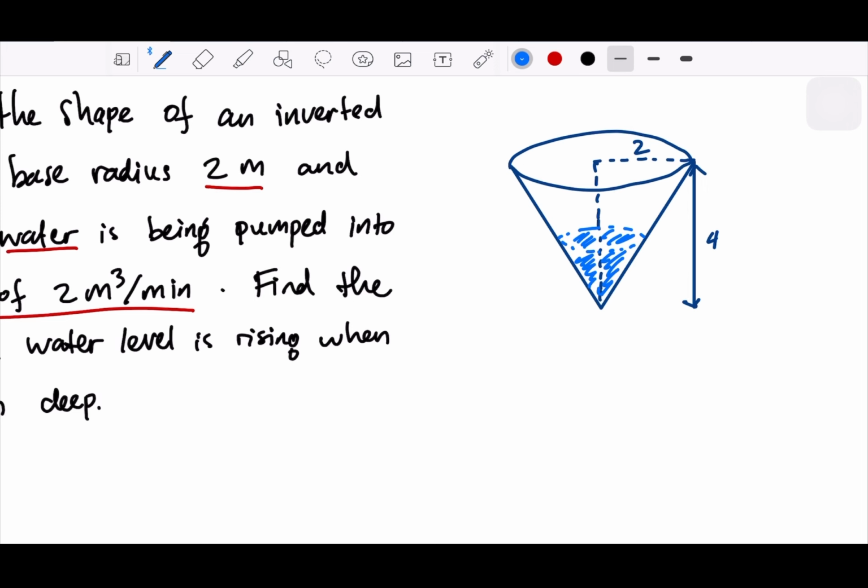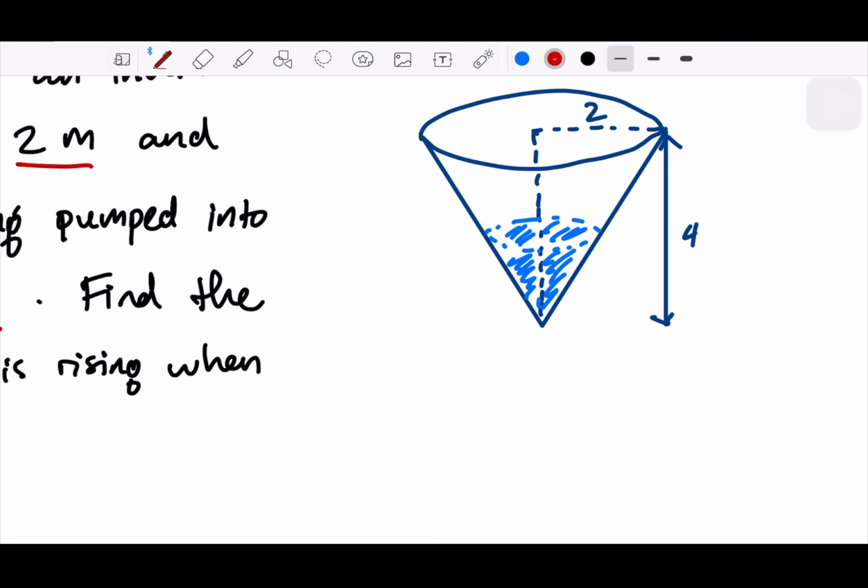So the volume of the water is changing with this 2 meters cubed per minute. We can say that this is the rate of the volume, or dV over dt. But before that, maybe we can simply name our variables. So if this is the water, then we have another radius r, and another height.